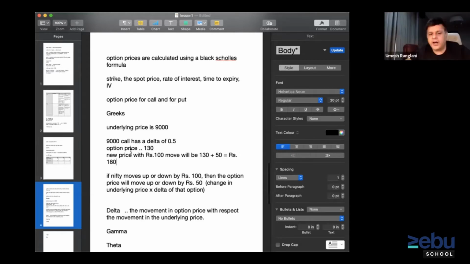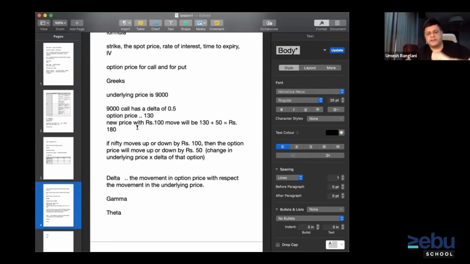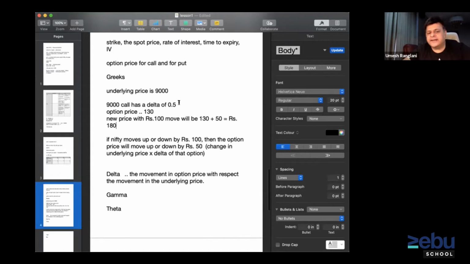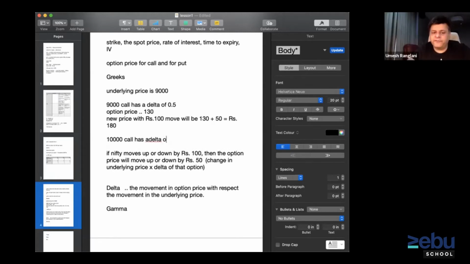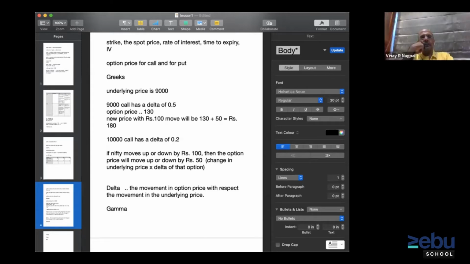So now we have understood that if we know the delta of a particular option, we know how much movement we can expect for an underlying move of a certain amount. In a similar way, let's say the 9,000 call has a delta of 0.5, but a 10,000 call has a delta of, let's say, just 0.2. So now give me the calculation.